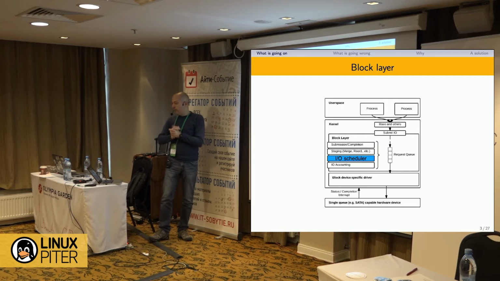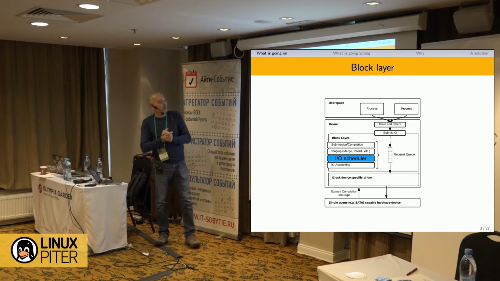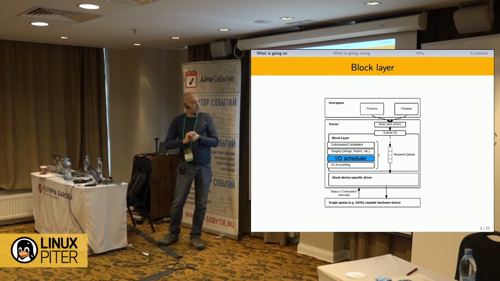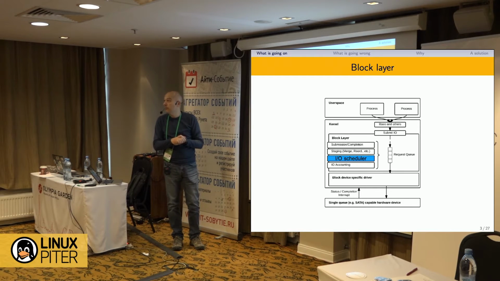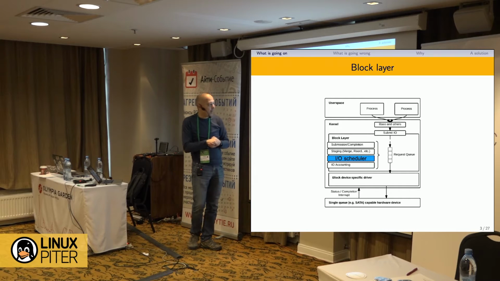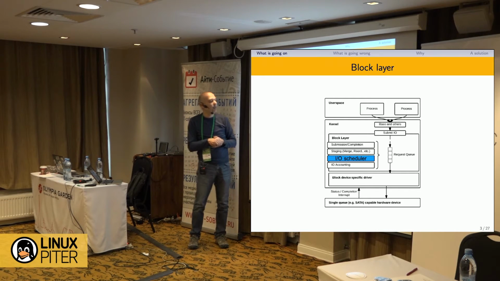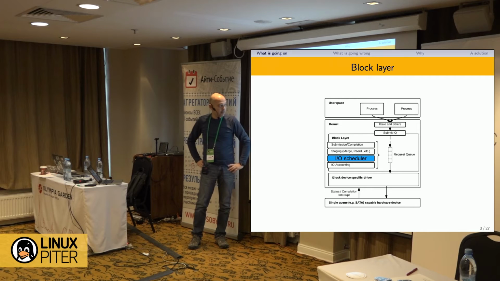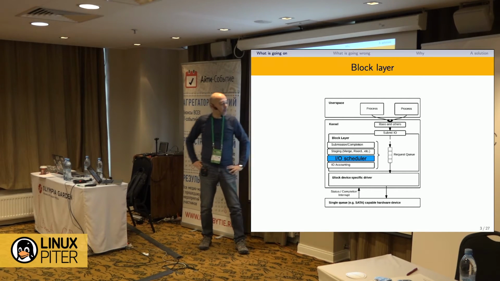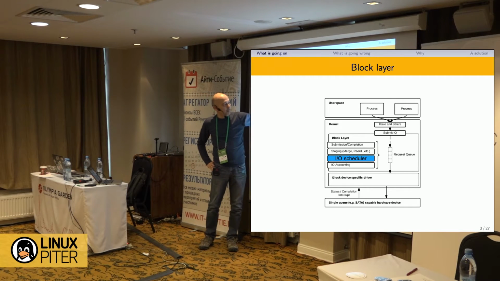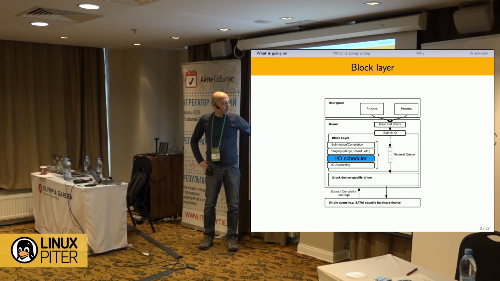So, to start, here is the block layer. It just manages I/O with block devices, block storage devices. Basically, it does so by translating read and write operations into I/O requests that are enqueued in this queue here, the request queue, and are also manipulated by other subcomponents of the block layer.